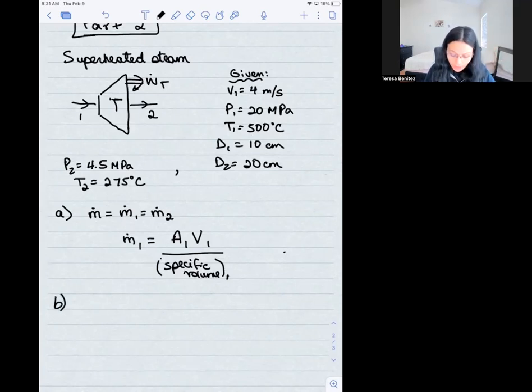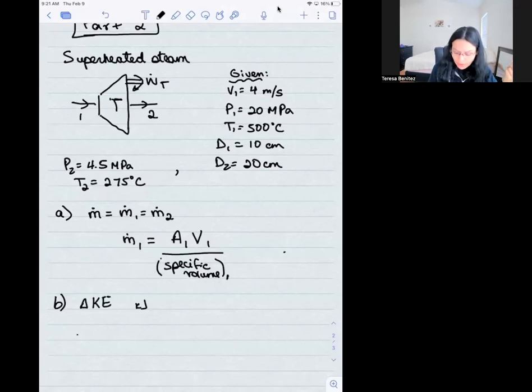Okay, for part B, you have to find a change in kinetic energy. I'm trying to get the units here. The first one has to be kilograms per minute, but the second one says a change in kinetic energy through the turbine in kilowatts. So if we find the change in kinetic energy, this is kilojoules.